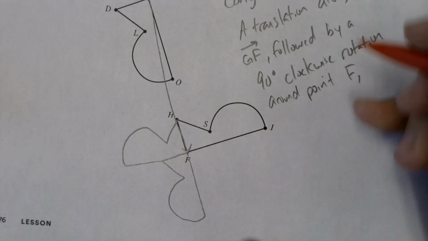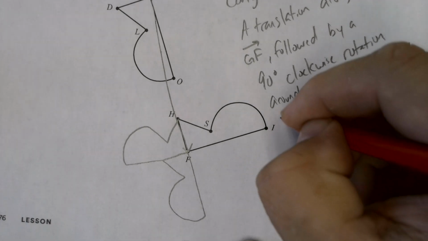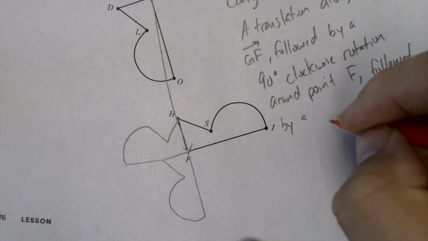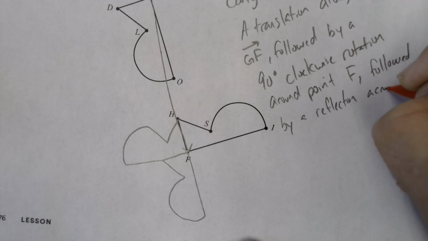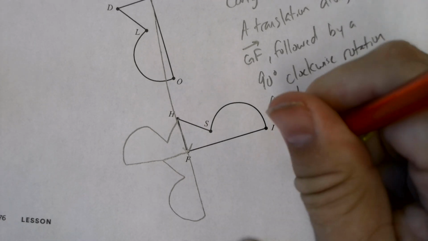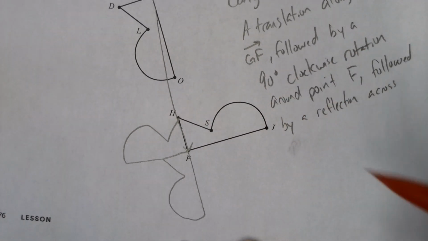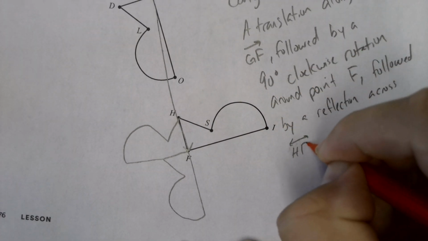Then we would just need that reflection, followed by a reflection across, start at the right point there, across HF.